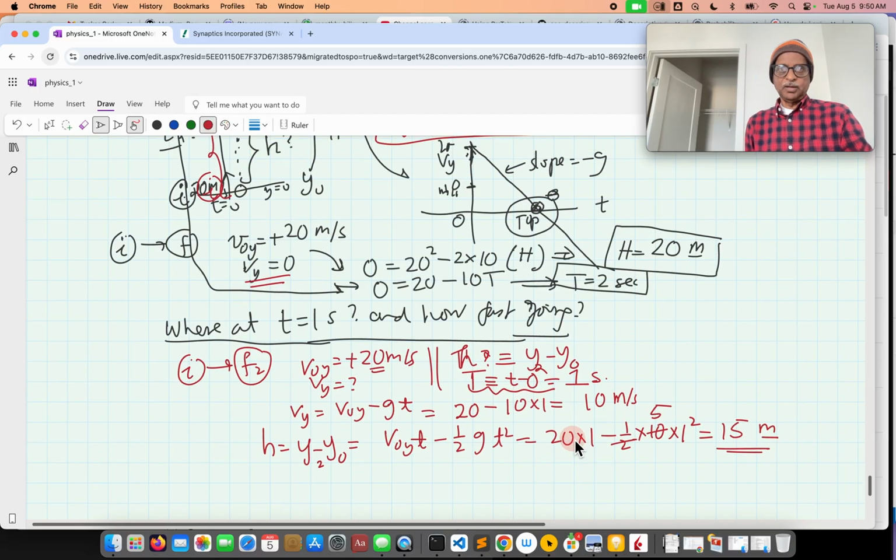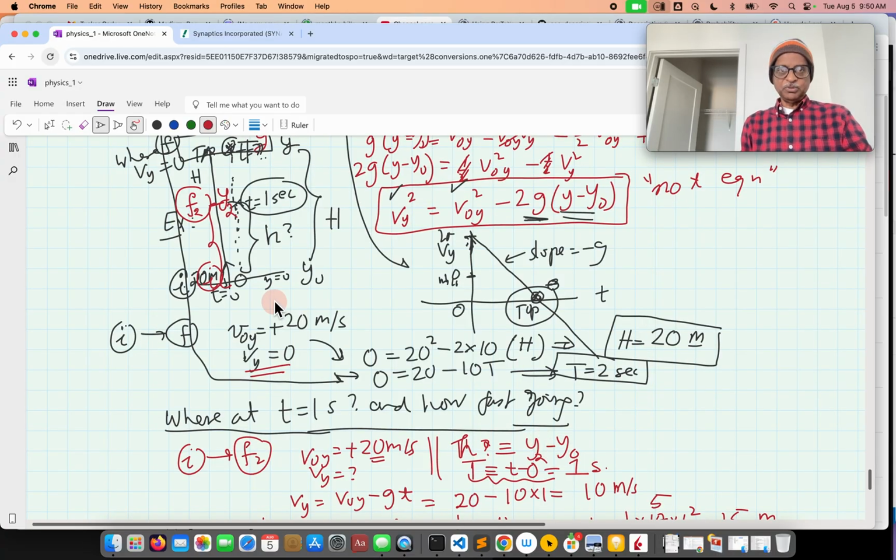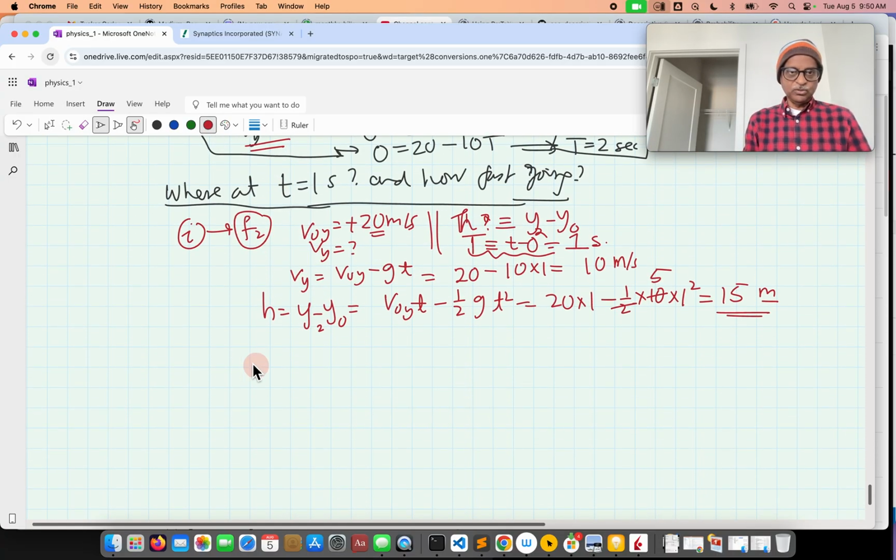So looking back at this problem, it was very interesting to just redraw it. So this was 20 meter, this is y, this is 10 meter, and this is 0. So at t equals 2 seconds it was here, but at t equals 1 second, it's here.